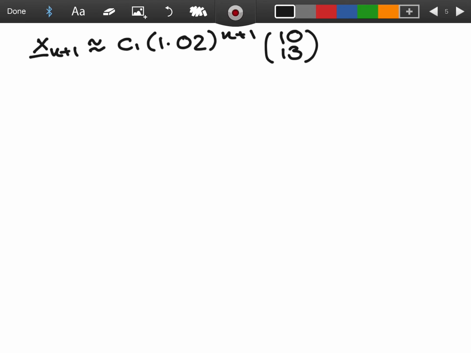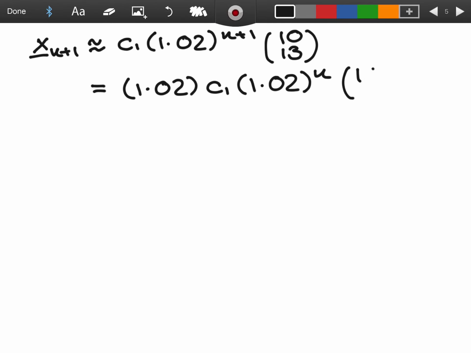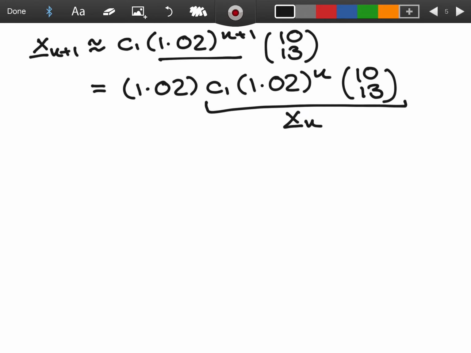I can rewrite that as 1.02 times C1 times 1.02 to the k, times (10, 13). All I've done is pull out a 1.02 from that term and bring it out the front. This thing here is xk. So that tells us that xk plus 1 is approximately equal to 1.02 times xk.